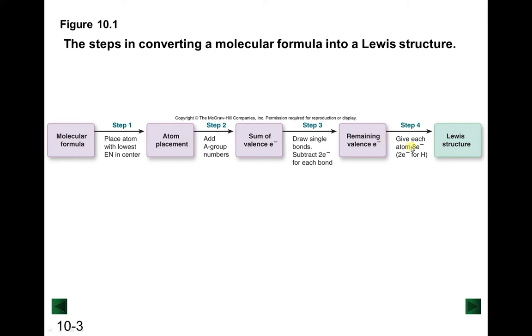Later on we'll see some examples. Exceptions to this are hydrogen. Hydrogen just wants to have 2 electrons around it. But for a majority of the elements that we'll be looking into, they tend to want to fulfill the octet rule. And once you are able to account for all the valence electrons, then you would have your Lewis structure.